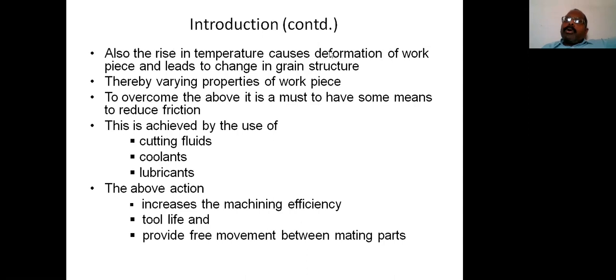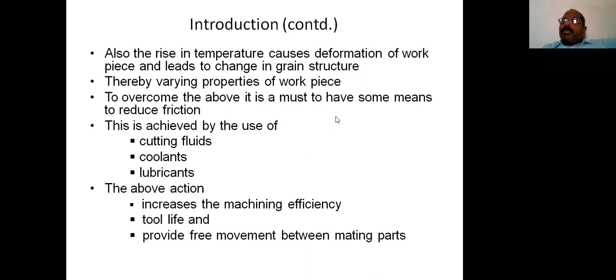So how do we reduce the temperature? Simply by using these three: cutting fluids, coolants and lubricants. Because of applying these three, the advantages obtained are increased machining efficiency, increased tool life, and free movement between the cutting tool and job, or between two contact surfaces or machine elements like the lathe bed and lathe carriage, or the tailstock over the lathe bed.